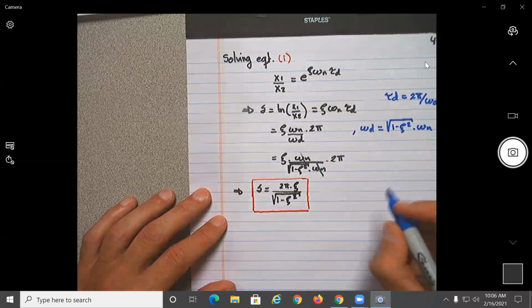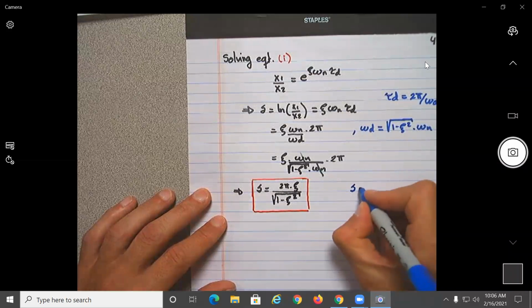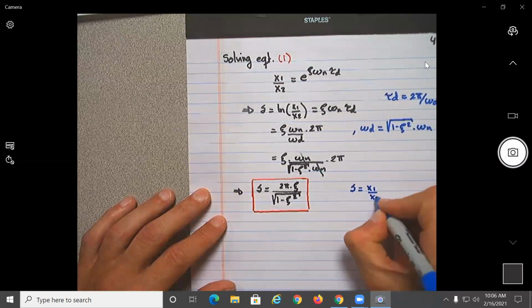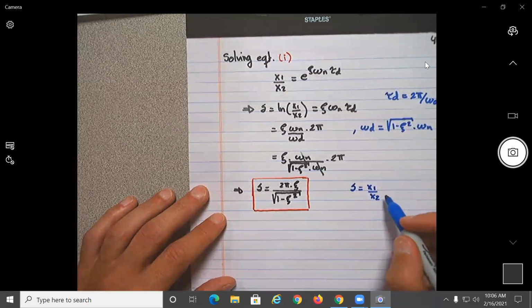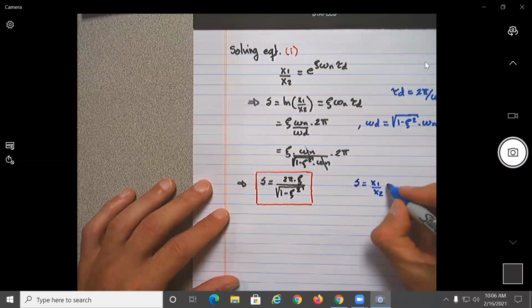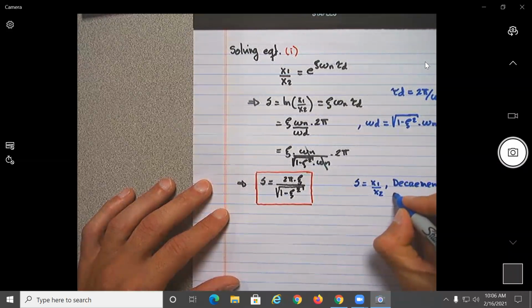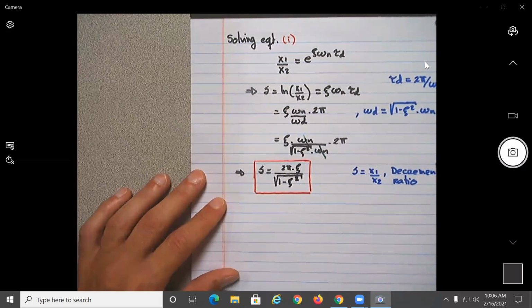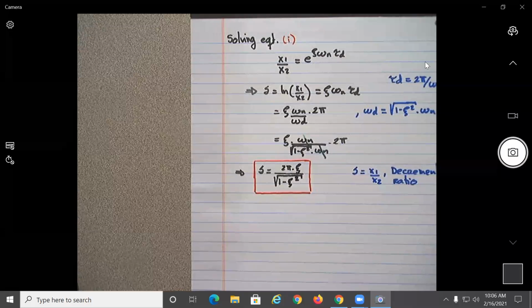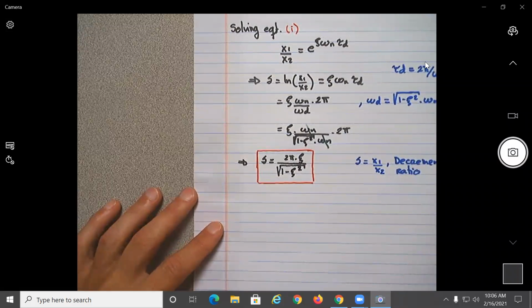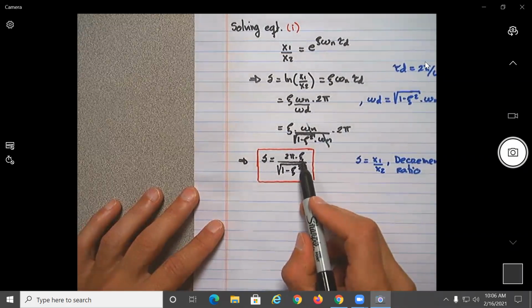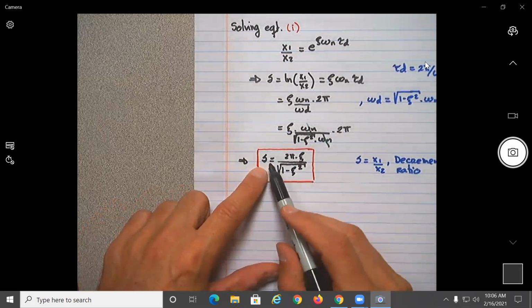Remember that here delta is just the ratio of x1 over x2, so it's the decrement in amplitude, decrement ratio, to make it simple. Now what we need to find here is the damping ratio zeta.